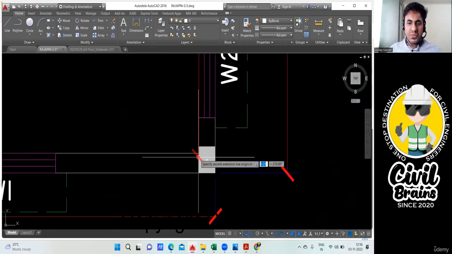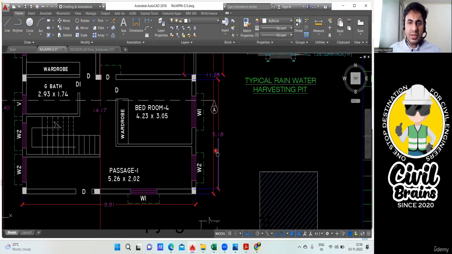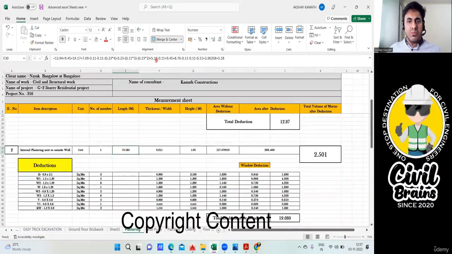Okay, we start from here. This is 5.18. Now I'll do the plastering inside this wall, this portion. So 5.18 I've taken, in the Excel sheet I mentioned 5.18. There itself I'll do the deduction.